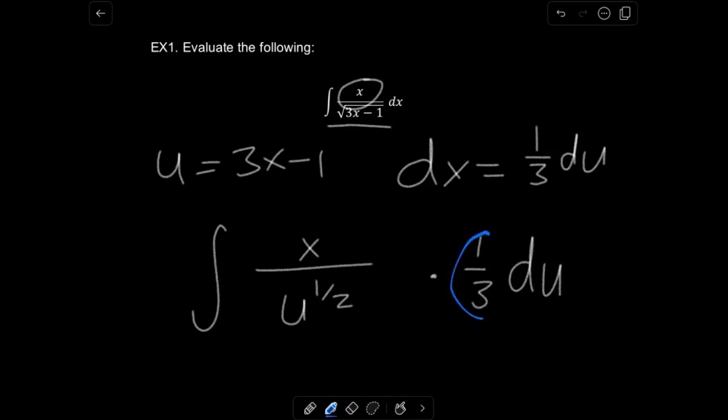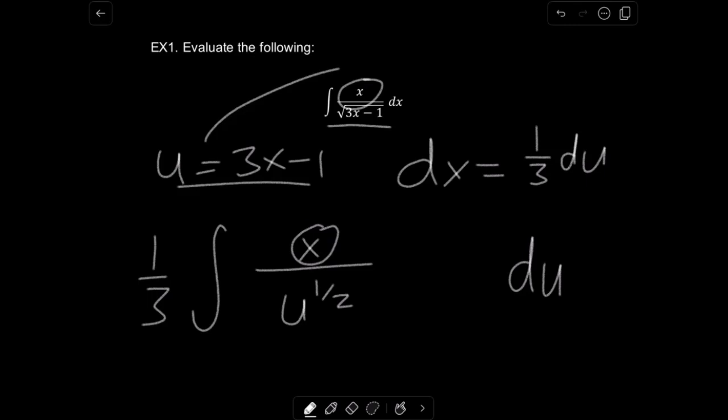Now I see this constant here. For those of you that have been watching my videos for a long time, you know I don't like working with constants and those coefficients inside the integration symbol. So I'm taking that out there. What about this x? We wanted it in terms of u. Well, I can use my substitution to solve for x.